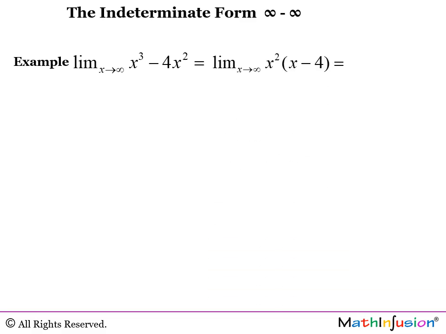To eliminate the competition, we're just going to distribute x to the power of 2, and we get this limit. In this limit, not only is there no competition, but there is full support of one for the other, because we get here infinity times infinity, which equals infinity.